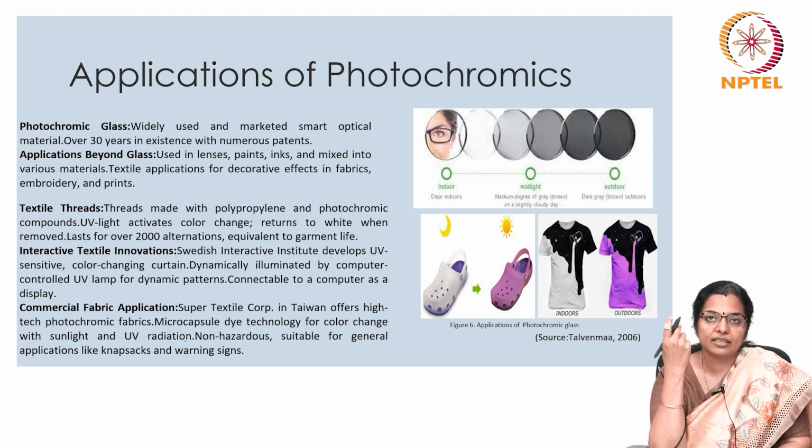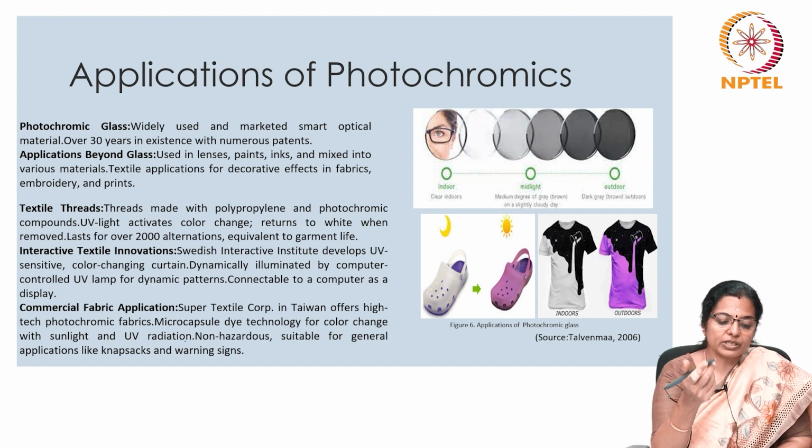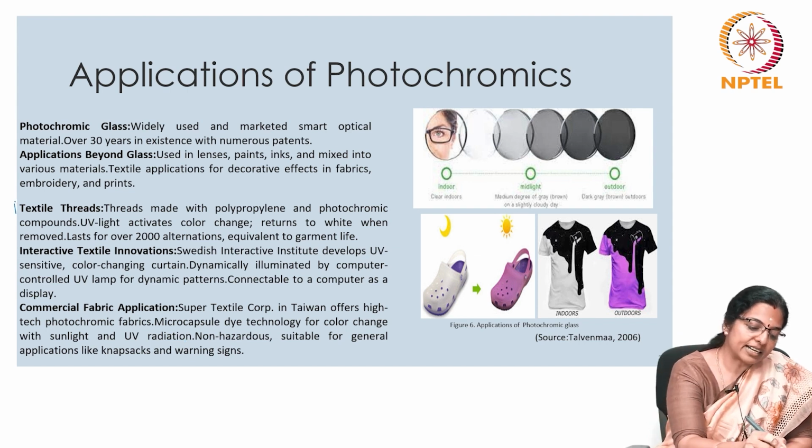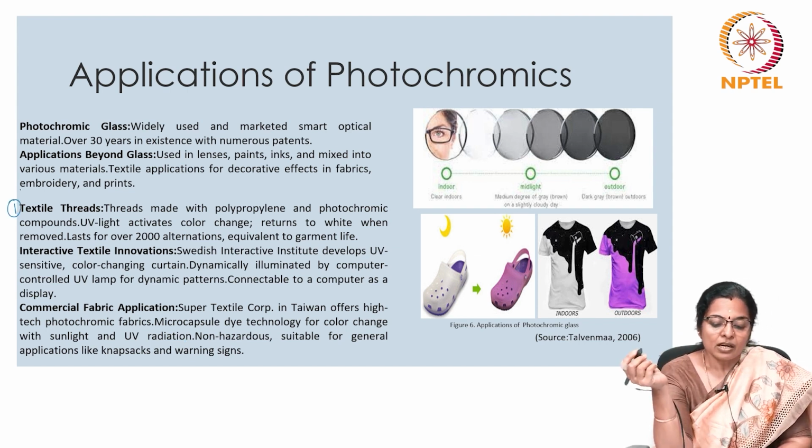It is used in lenses, it is used in paints, inks, mixed with various materials, textile applications for decorative effect in fabrics, embroidery, prints, etc. It is used in textile threads. So, threads made with polypropylene and photochromic compounds.